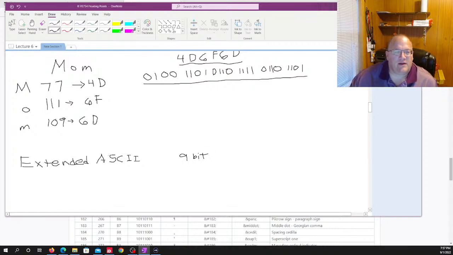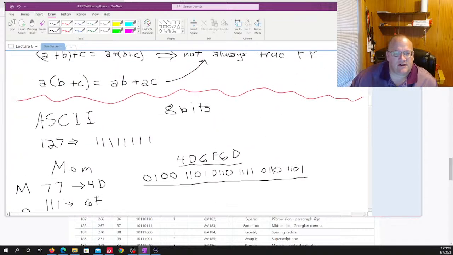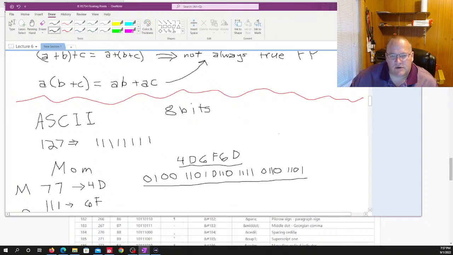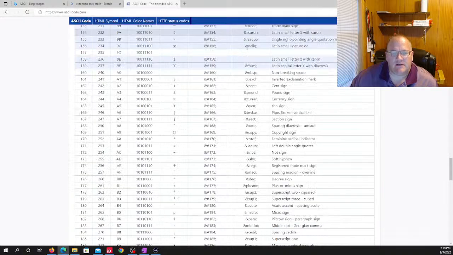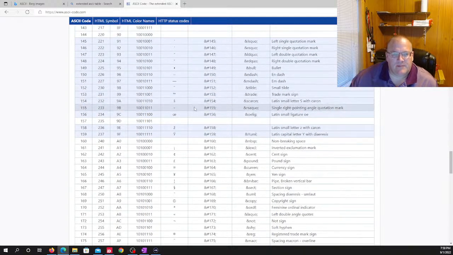We add one more bit, what happens? We double the number of characters. So this has 128 characters. This one has 256. Now, 256 possible characters, right? Because if we went back and looked here again, we see some of these are blank. So this is blank. It's not used yet.